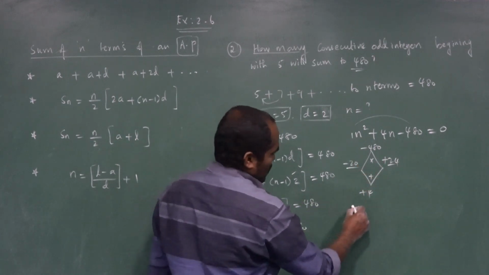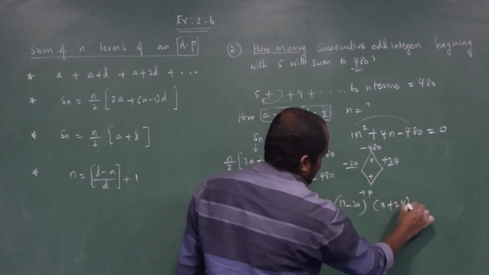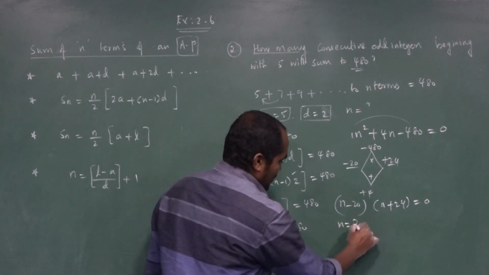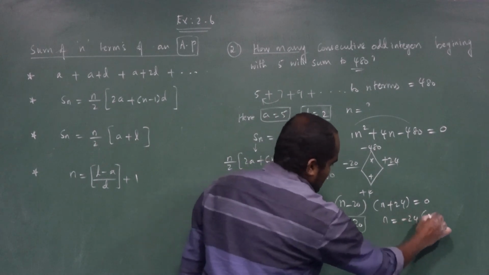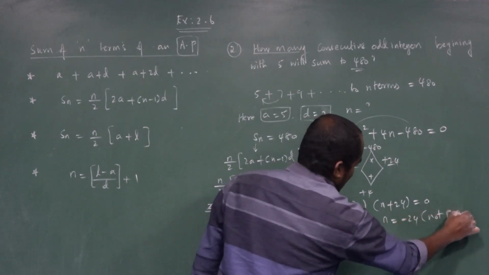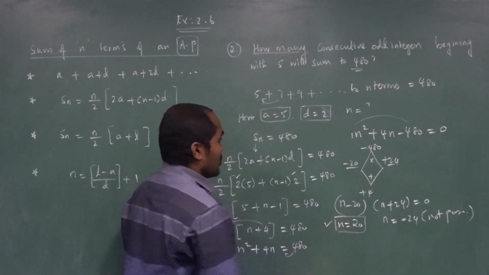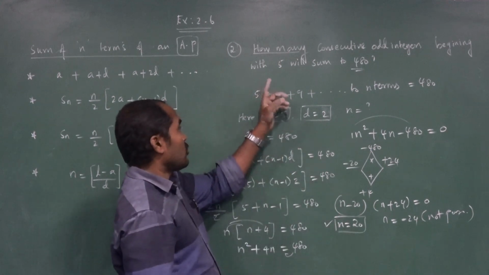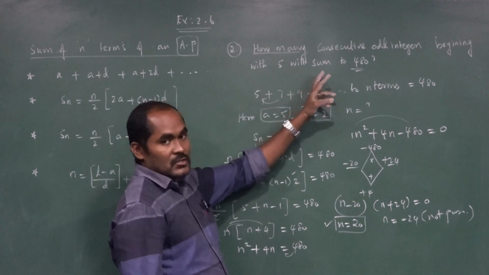So (n minus 20) into (n plus 24) equal to 0. These are our factors, so n is equal to 20, n is equal to minus 24. This is not possible because the number of terms cannot be negative. So n is equal to 20. So our final answer is 20: 20 consecutive odd numbers beginning with 5 will sum to 480.